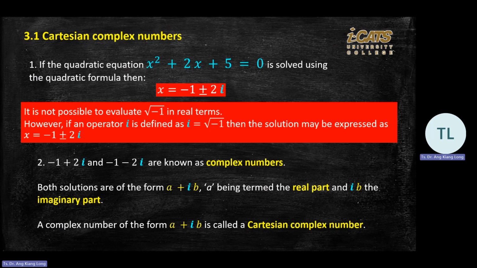Okay, so if you are able to write a plus ib, they are called Cartesian complex numbers. The way you write it is also important. If the question asks you to write in polar complex number, then the answer is not this presentation. It's another kind of presentation already. Okay, this is some refreshment for some of you.